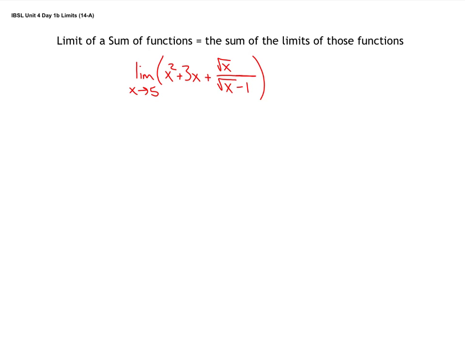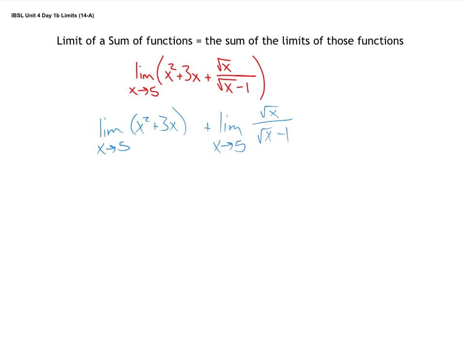So what I can do is separate this: the limit as x approaches 5 of x squared plus 3x, plus the limit as x approaches 5 of the square root of x over the square root of x minus 1.